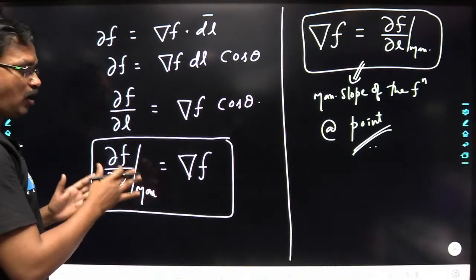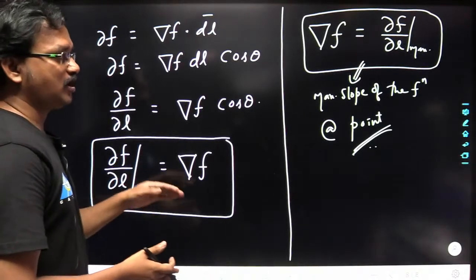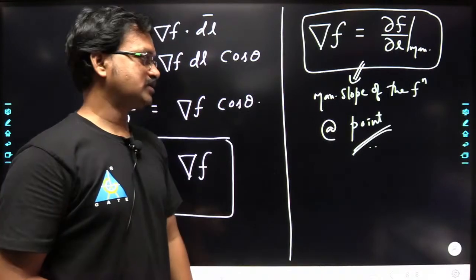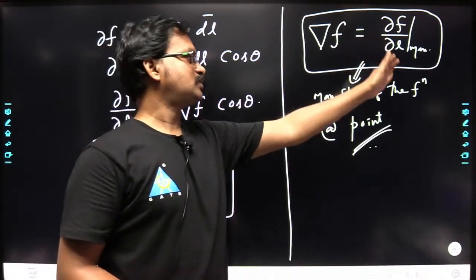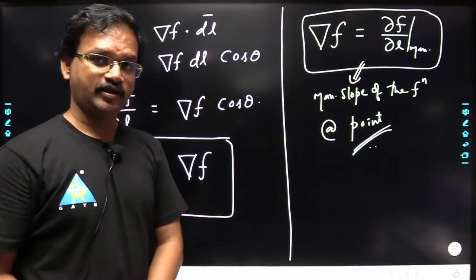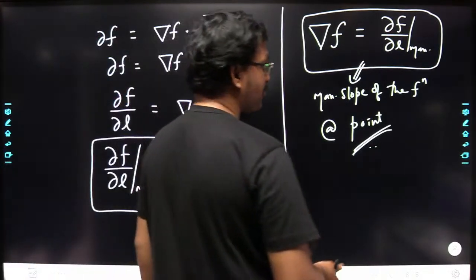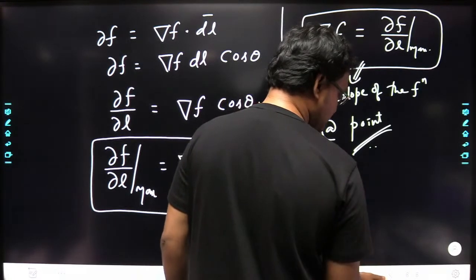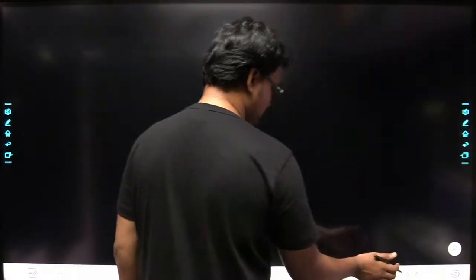How we have represented gradient of f, and what is the meaning of gradient of f, I have proved it mathematically. Now I will explain in detail what you mean by this gradient and what are its advantages. All those things we will see here.